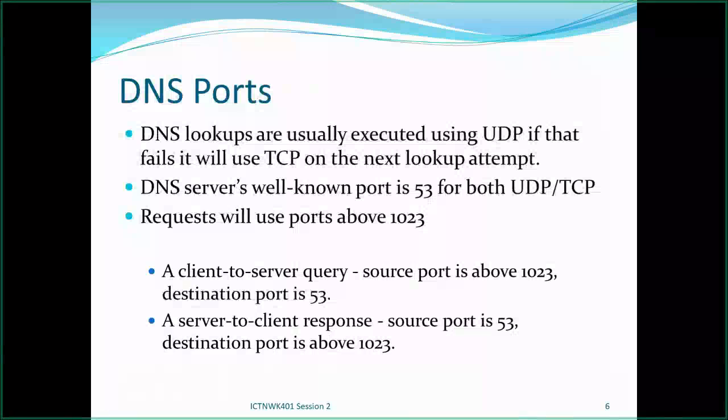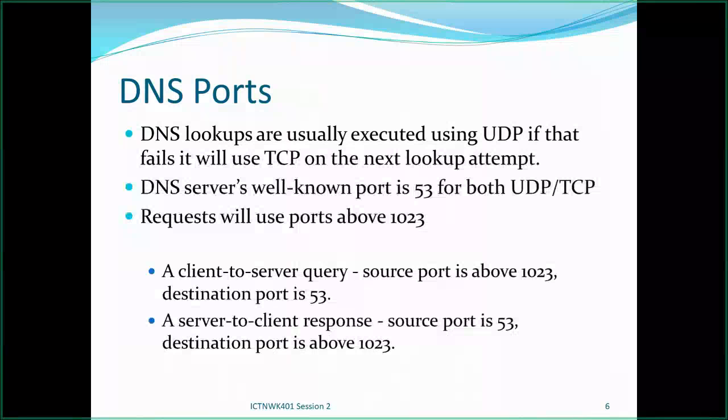TCP is reliable, so TCP checks to make sure it can talk to the destination, gets an acknowledgement from the destination back and forth for all conversations. UDP is just like sending a letter in the mail. You just drop it in the box and hope it gets there.